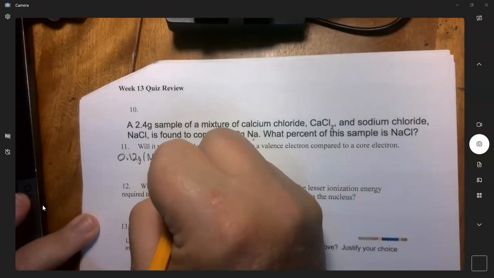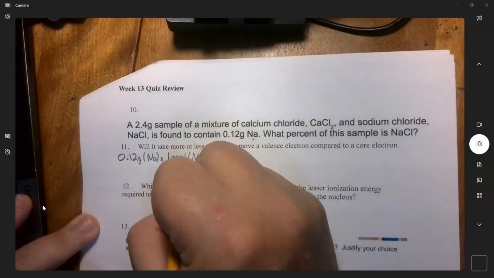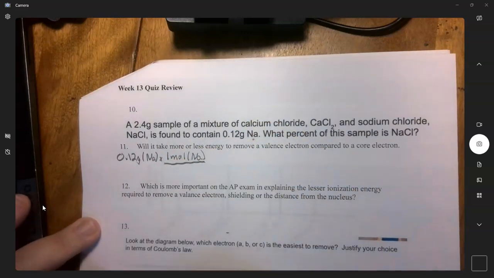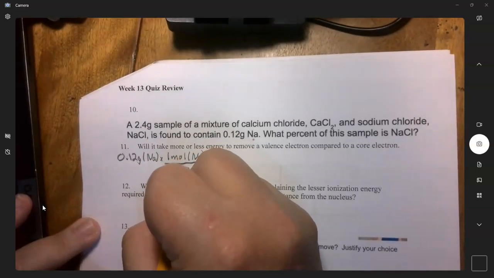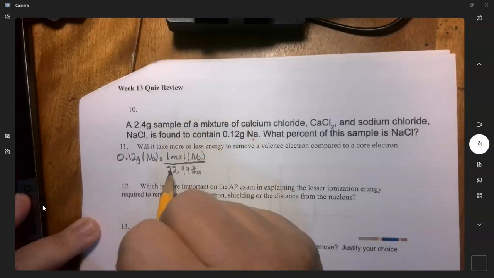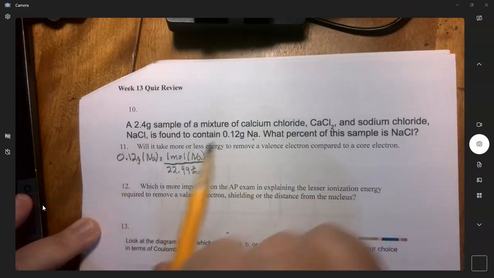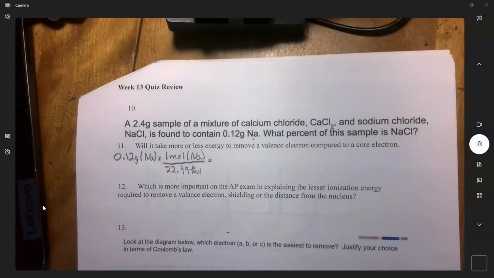You can shortcut it if you want. Just put the molar mass of Na, which is 22.99 from the periodic table, grams per mole, and that's going to give you moles. So you could have just put 0.12 over this if you want a shortcut like that. You can do that.